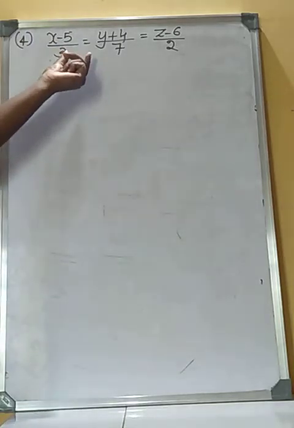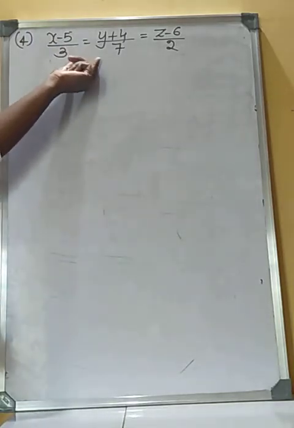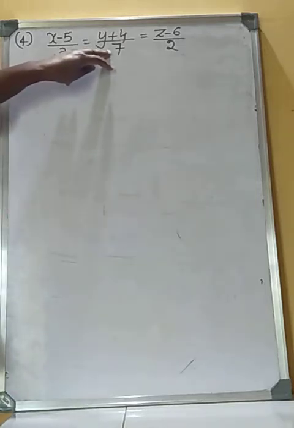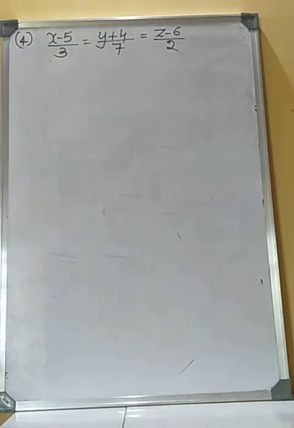This is the Cartesian form of a line. So using this Cartesian form, write its vector form of the equation of a line.